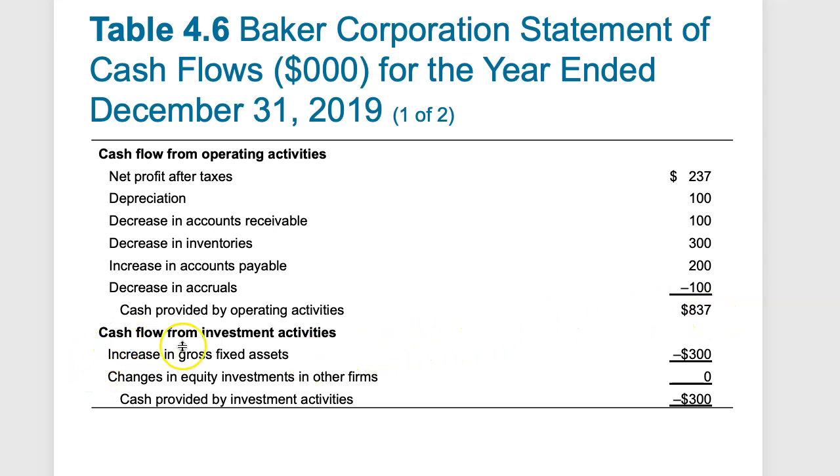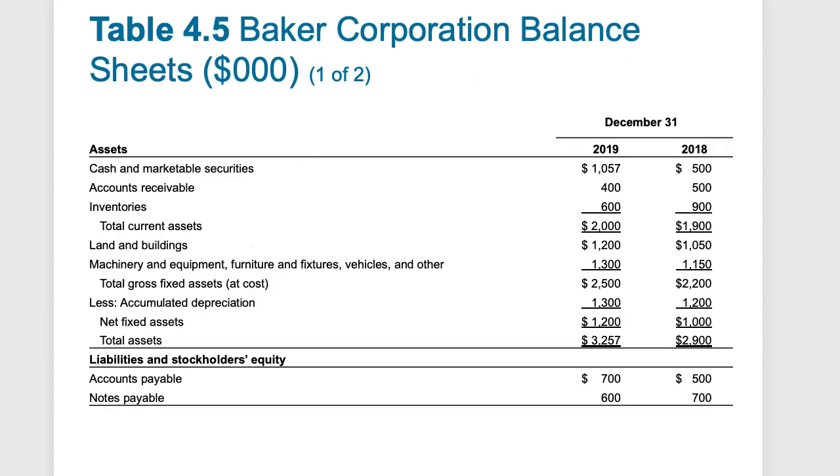Now, from the increase in gross fixed assets, we have a negative 300. Again, we go to the balance sheet, and we see our gross fixed assets here went from 2,200 to 2,500. That's an increase of 300.